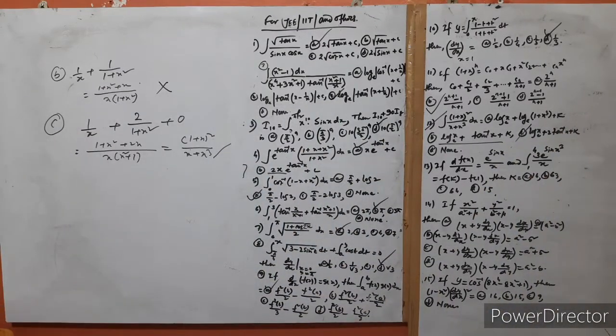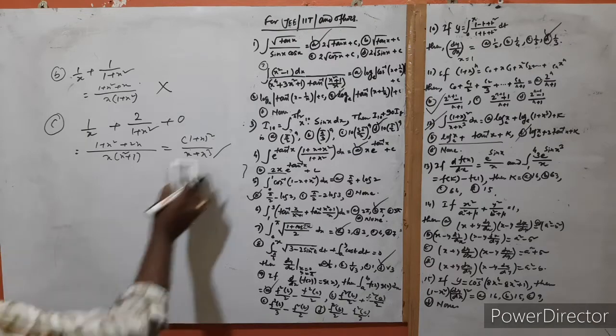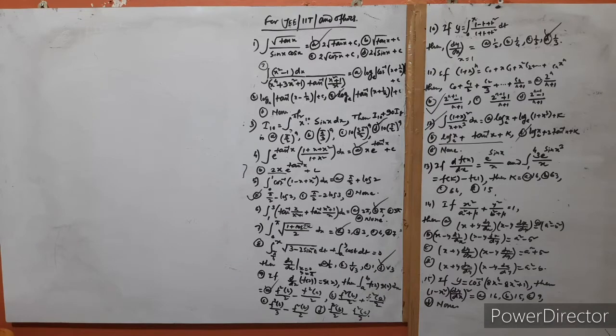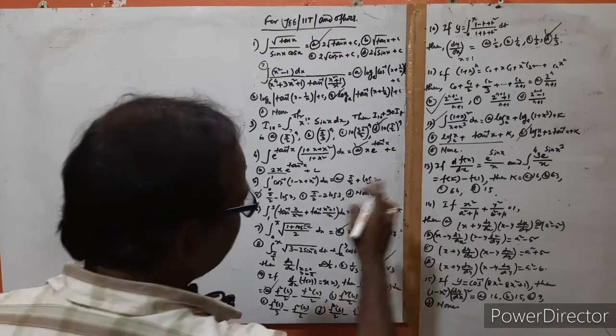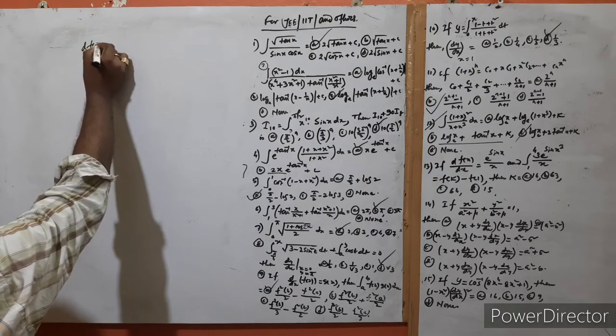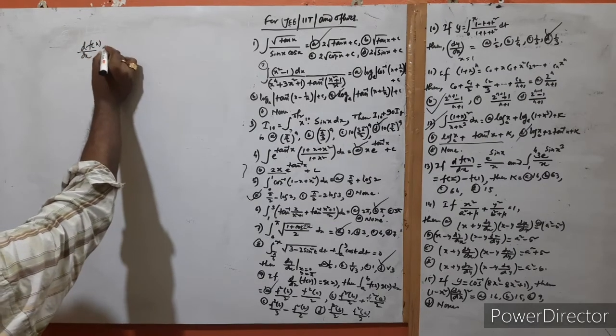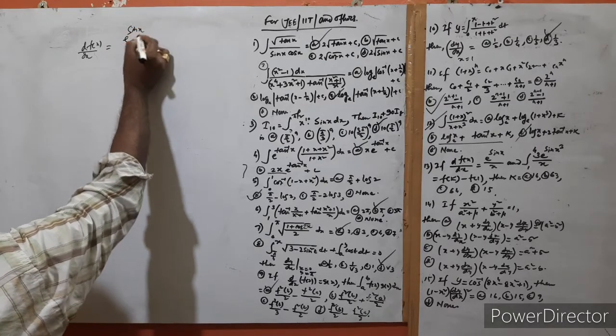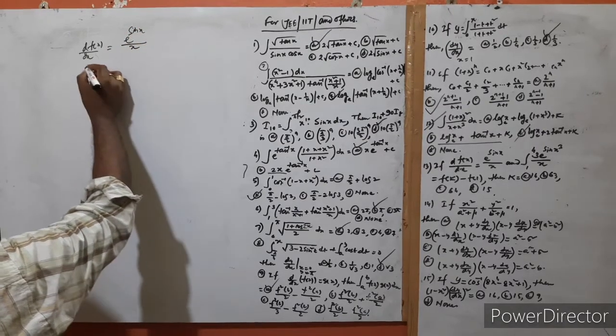And for 13, see, this is the differentiation of f of x, which is equal to e to the power sin x by x.